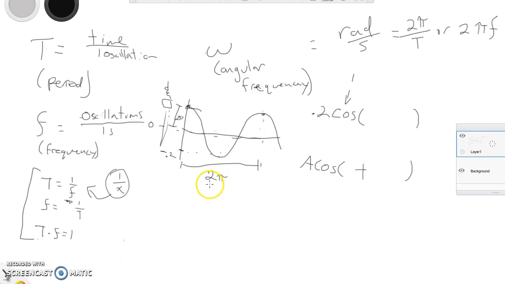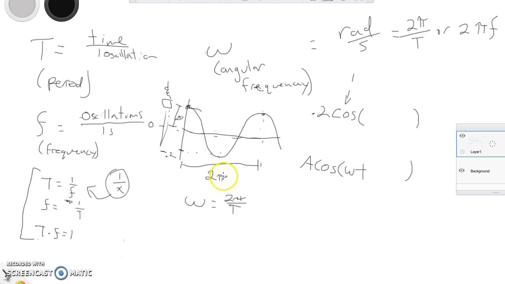Okay, and so in order to make this match up with this, we have to use angular frequency. What it does is it takes this value for one cycle, 2 pi, and divides it by the time for one cycle, or the period, and then we multiply that here by the time.